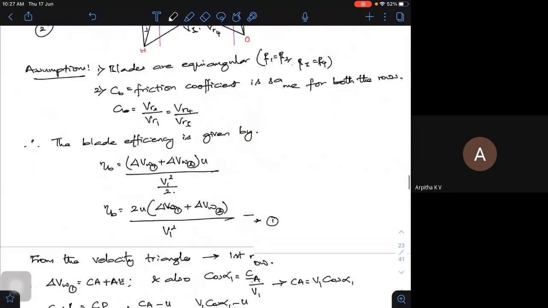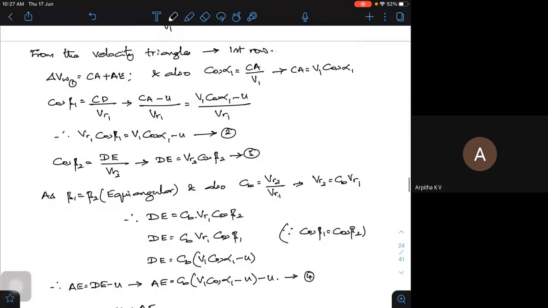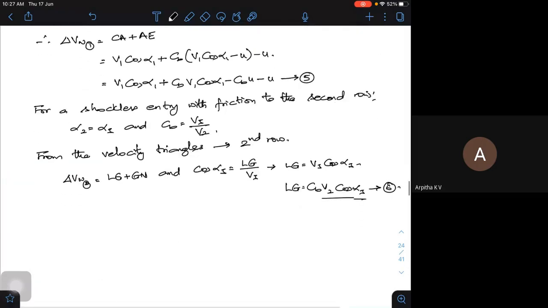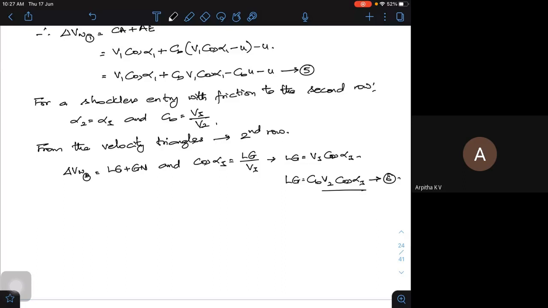Already we have written AE is equal to CB into V1 cos alpha 1 minus U. Now V1 cos alpha 1, V2 cos alpha 2, and V2 cos alpha 3, which I consider, I have to write in terms of AE.